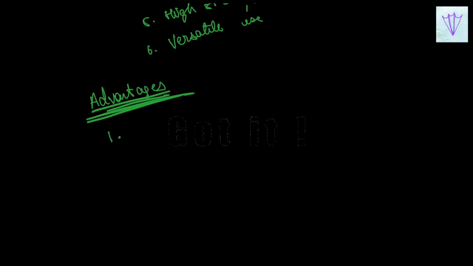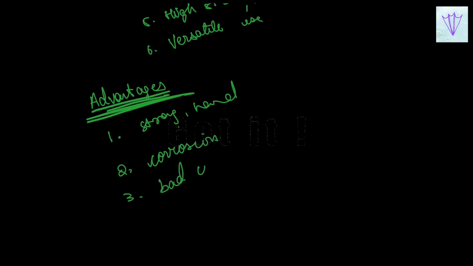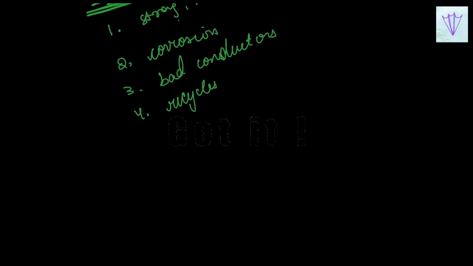The first one is these are strong, hard, flexible and resistant material, and the second is they are corrosion free and resistant to chemicals, and the third is they are bad conductors for heat and electricity, and the fourth point is that most varieties of plastics can be recycled and molded again and again, and the fifth point is they are light in weight and they are durable.